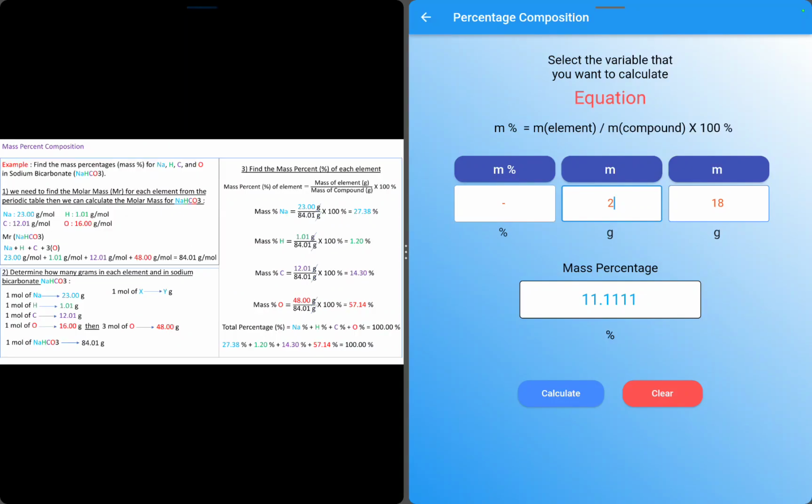For sodium, we write 23, and for sodium bicarbonate 84.01, which gives us 27.38%. Let's say we want to find it for oxygen. So for oxygen we have 48, and the denominator is the same, because it is the molar mass of sodium bicarbonate, which gives us the result. Thank you for watching, and in the next video we'll talk about percentage concentration for solutions.